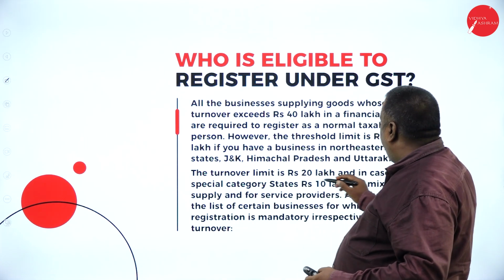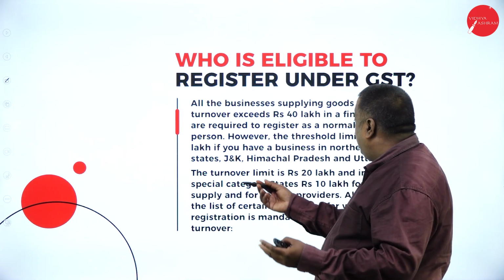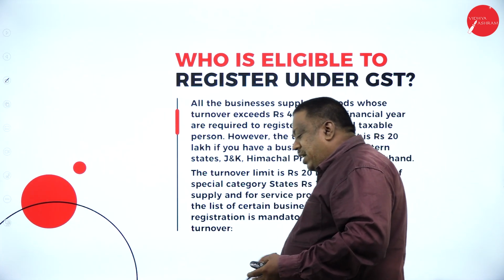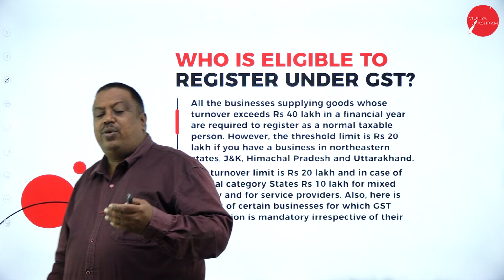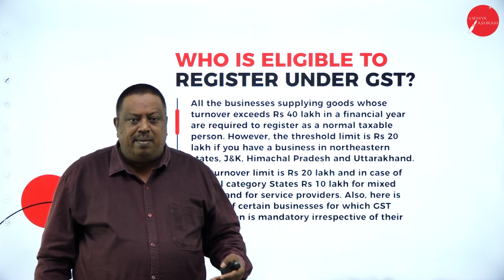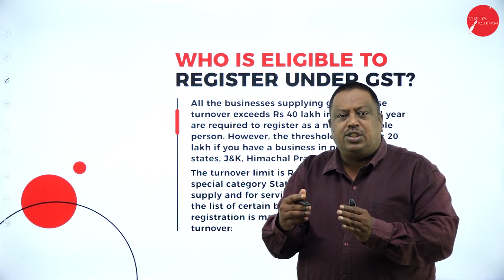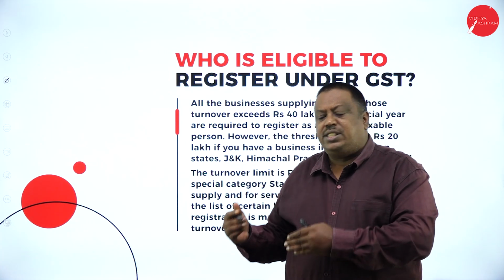The turnover limit is 20 lakhs in case of special category states, and 10 lakh rupees for mixed supply and for service providers. If we are doing any mixed supply related businesses, it is going to be 10 lakhs instead of 20 lakhs.